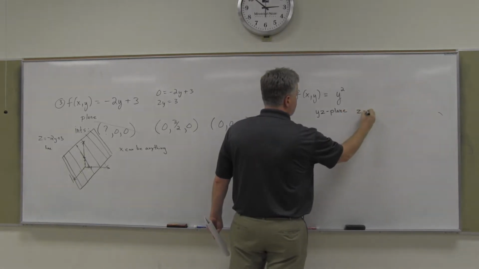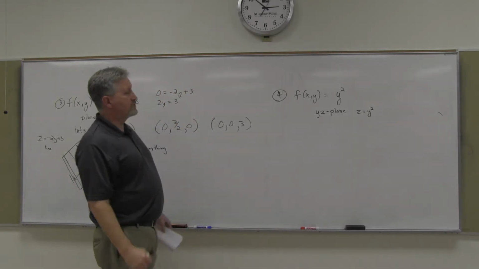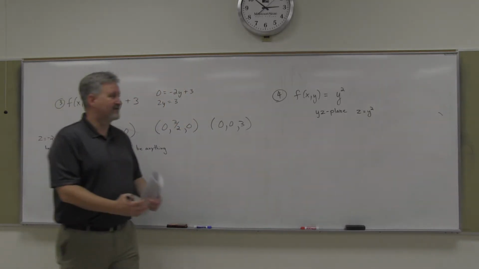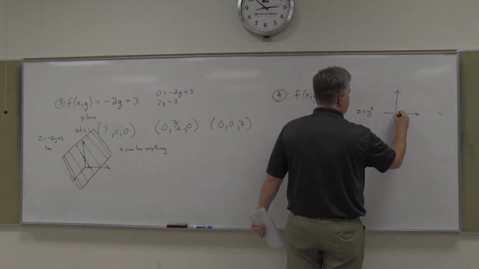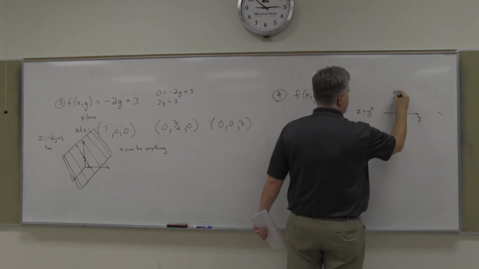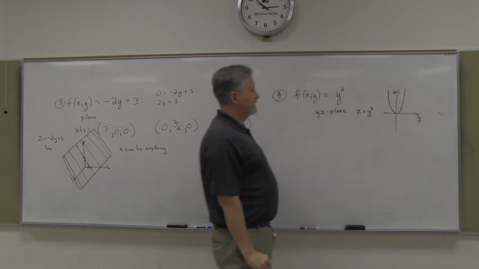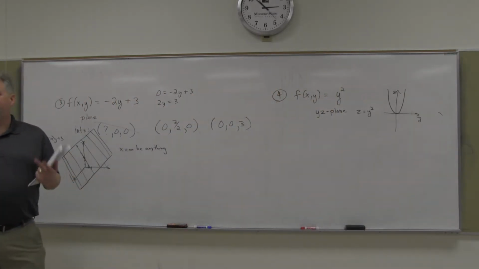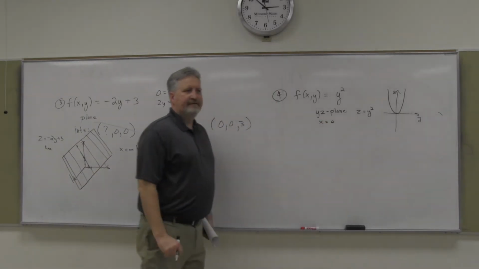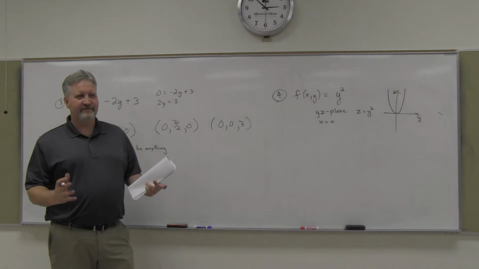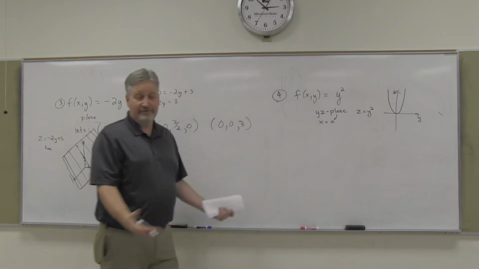Now we're talking z equals y squared. Which we know is obviously a parabola. So this is y, this is z. So you've got a parabola, right? Well, the yz plane, that's when x is 0. When x is 1, it's still z equals y squared.